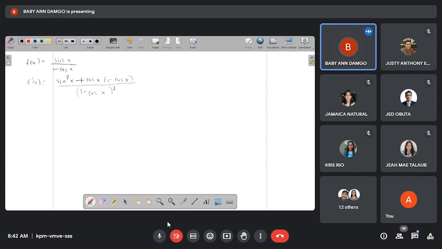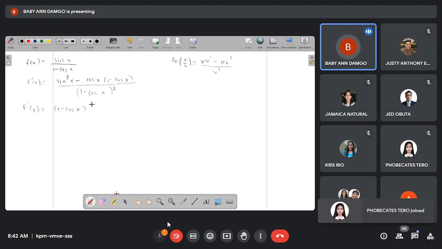Let's try it. This is u over v, so v u prime minus u v prime over v squared.